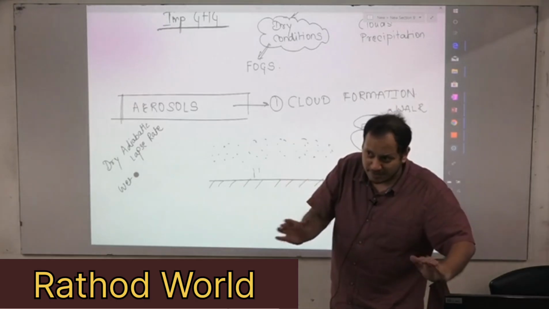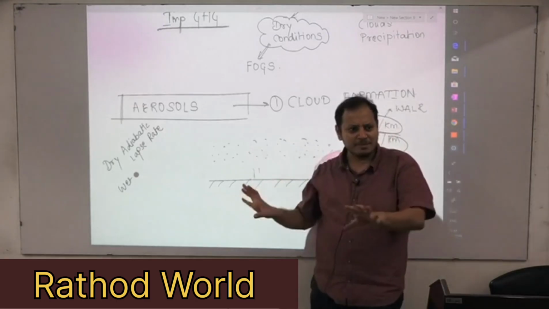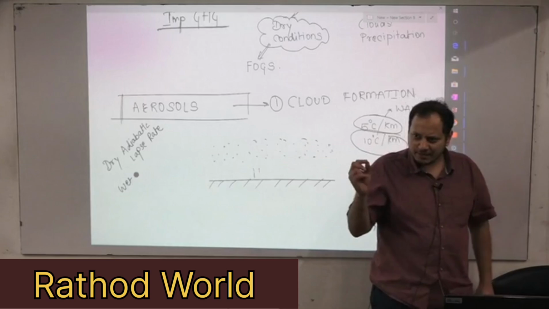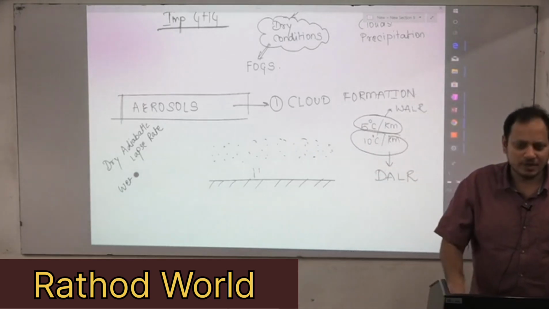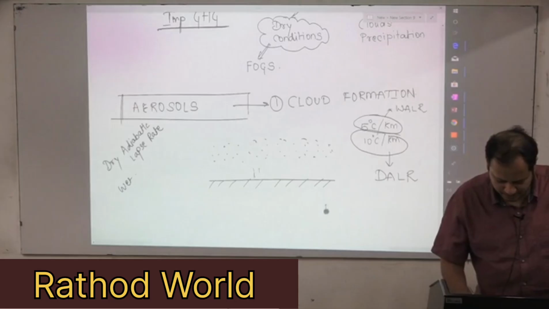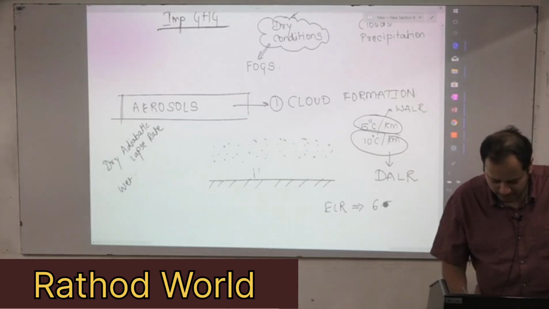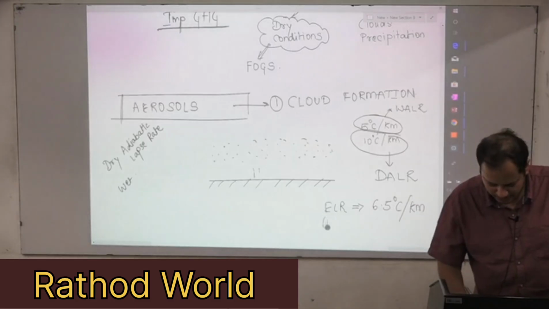And after that, if the air is going up due to a mountain barrier or anything, it will now start cooling at the moist adiabatic lapse rate. So then what is the environmental lapse rate? What we have been studying so far, which is equal to 6.5 degrees Celsius for every kilometer, also known as the normal lapse rate.